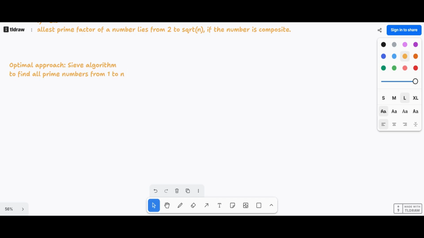Not just that, you can also find the smallest prime factor of a particular number, because the algorithm is designed in such a way that you'll use a particular number and then you will mark all its multiples as non-primes. Now, let's understand.